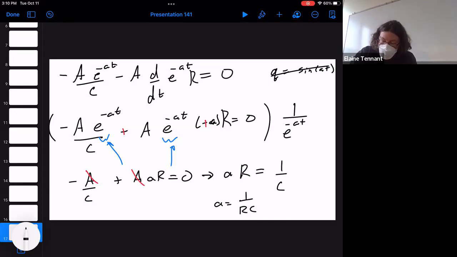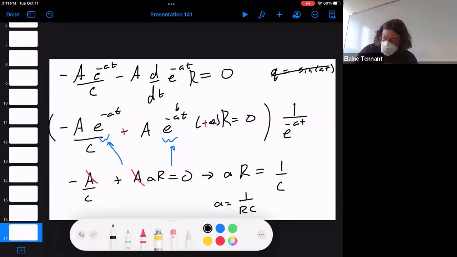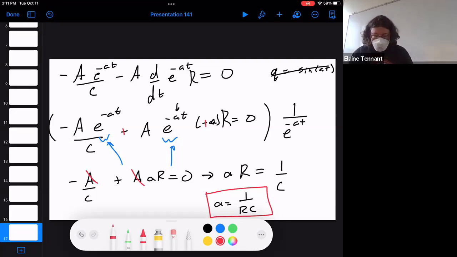And since I had it in the a times t, that's really t over rc, right? So even just putting in a generic constant there, I still get the right time constant out. Does that make sense? I hope so.